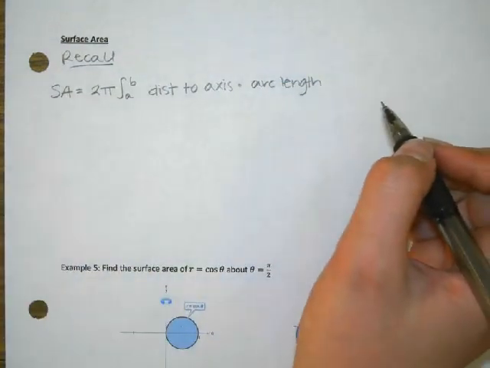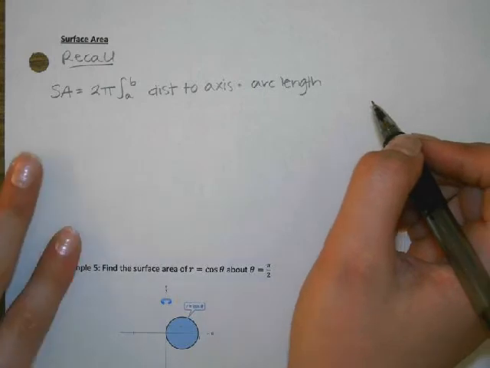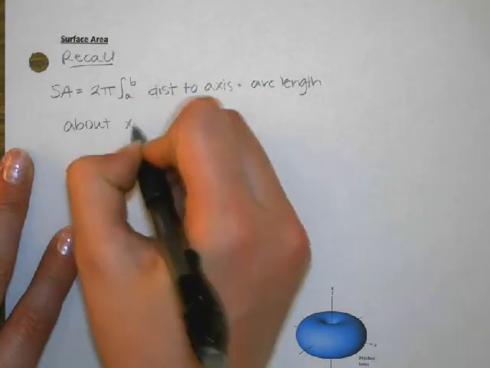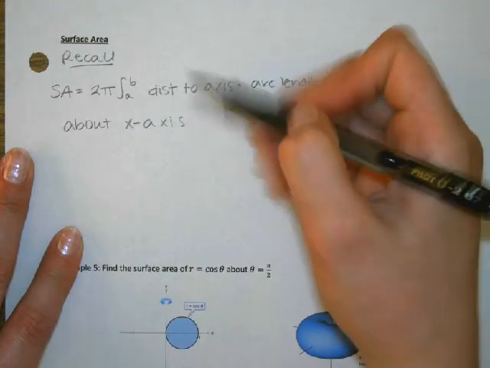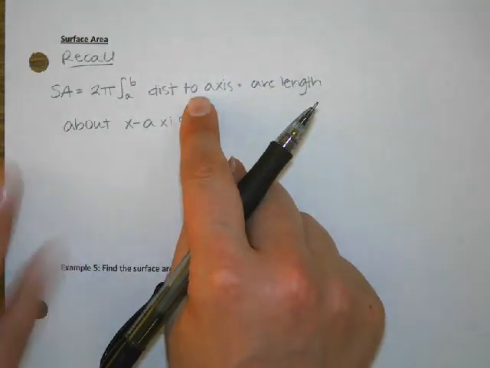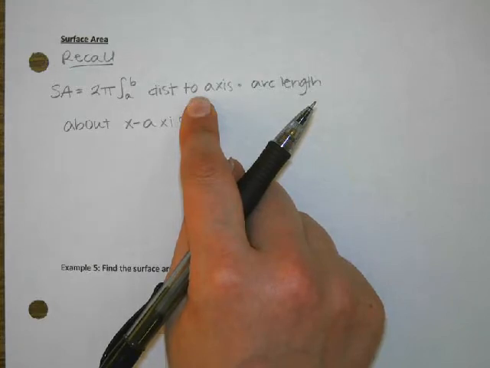The distance to the axis depended on whether you were rotating around the x-axis or the y-axis. If you were rotating around the x-axis, the distance to the axis was the y, which, remember, instead of using an actual value of y, we just used the equation itself. You guys remember doing that? Yeah.